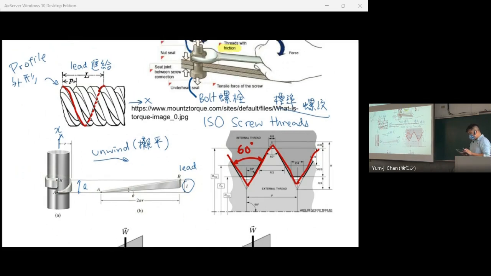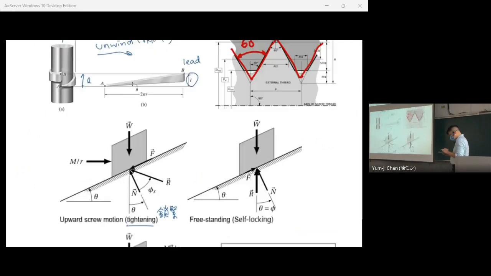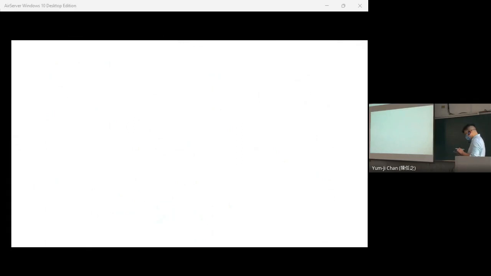Now let's look at this figure, and I will explain what's happening here.